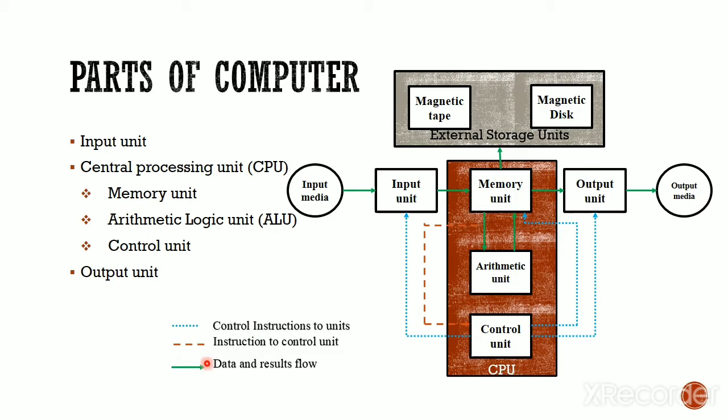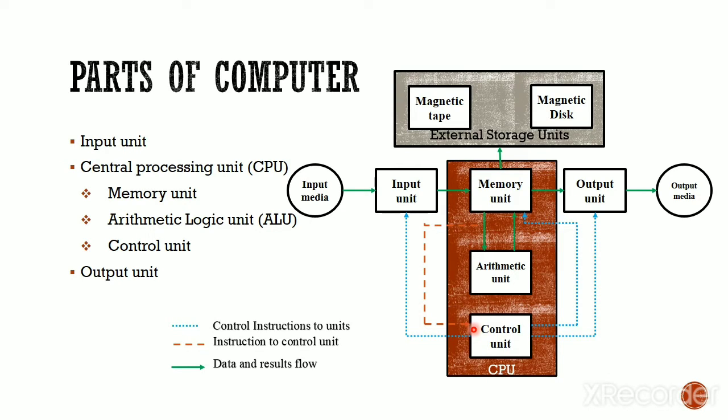The blue dotted lines are control instructions to units. From the control unit, it controls all the other units: input unit, memory unit, and output unit. The brown dotted lines are for instructions to the control unit. From the memory unit, the control moves on to the control unit.